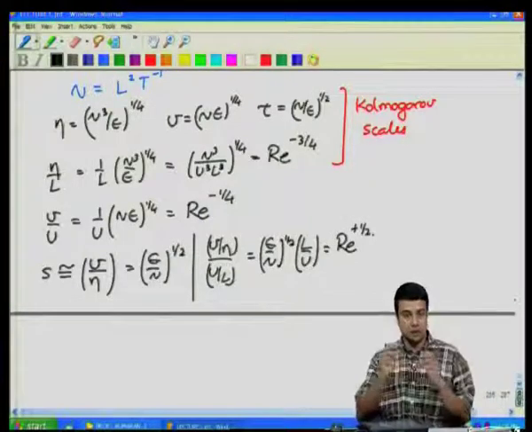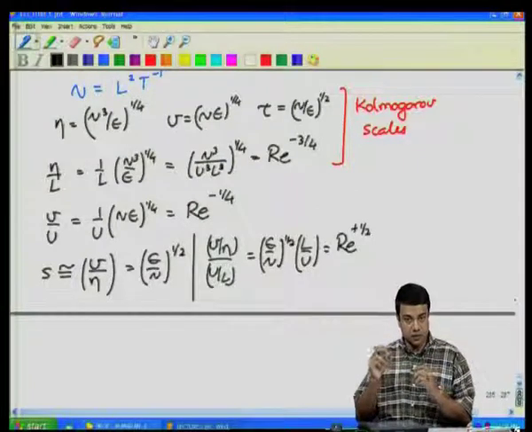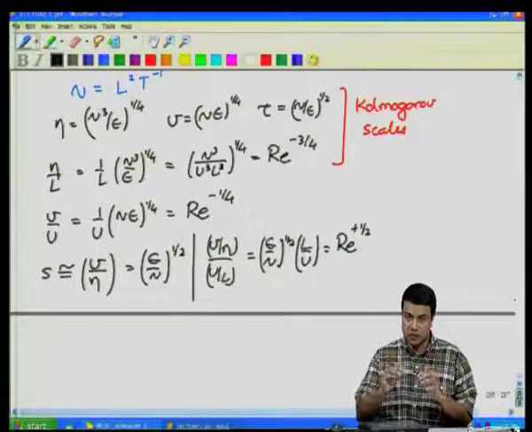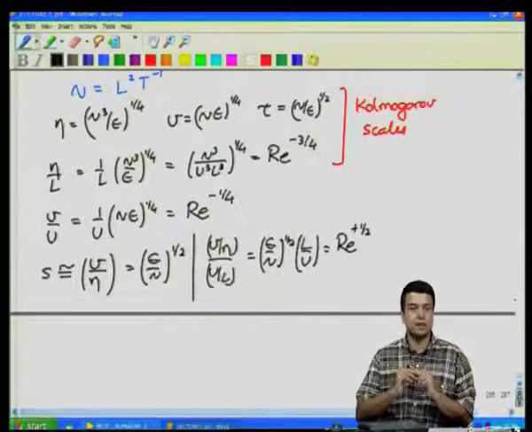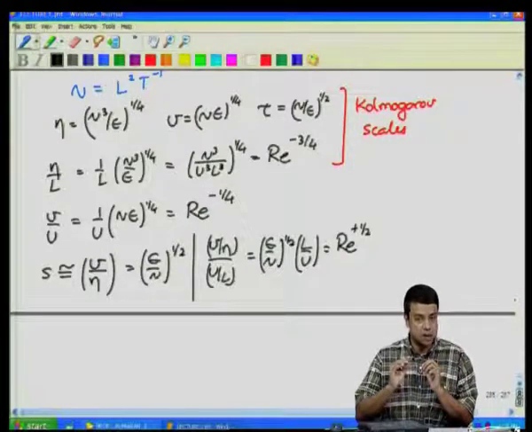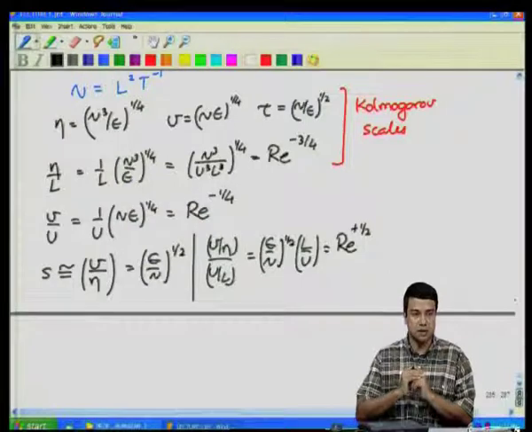So, even though the velocity scale is much smaller and the length scale is much smaller, the strain rate in the smallest eddies is actually much larger than the strain rate in the large scale flow.